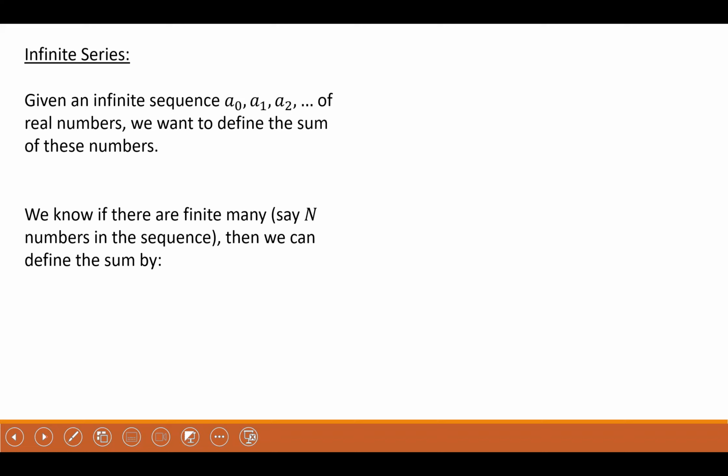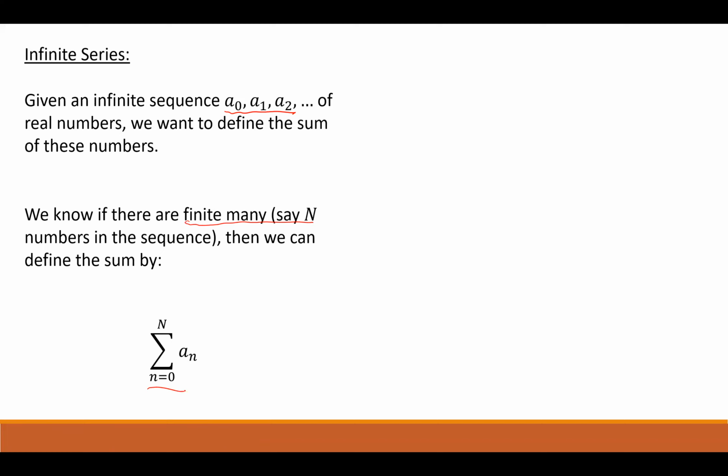So we're going to take an infinite sequence of numbers A0, A1, A2, and define the sum of these numbers this way. If we have finitely many numbers in this sum, we will use big N, and then we can just write it as the sum from small n equals 0 to big N of all of these numbers. Okay.